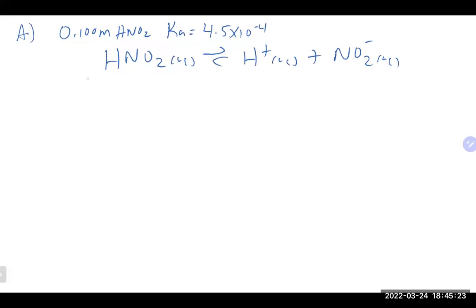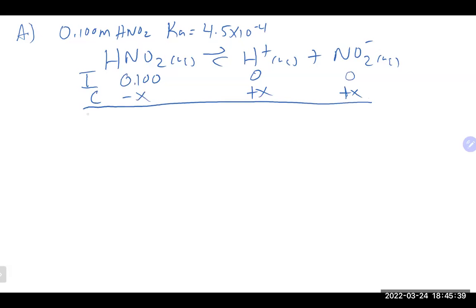Because we have not added anything, we could just use the molarity like it came out of the bottle of 0.1 in this case. It's going to be 0 and 0. We're going to do our change, which is minus x, and plus x. And we're going to end up with 0.1 minus x, and x.